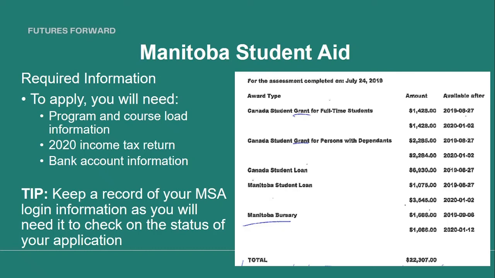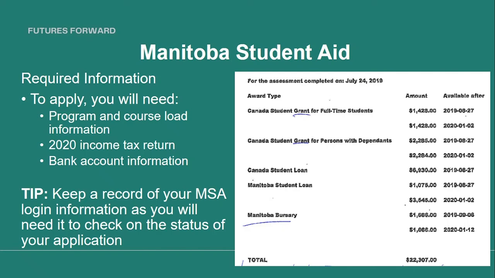On this left column, it says award type, and this student was able to receive a Canada Student Grant and a Canada Student Grant for a person with dependents. So this person is a student who also has children or is also caring for someone. Because of that, they were able to receive a grant. And with grants, you don't have to pay back. Also, they were able to receive a Manitoba bursary as well.